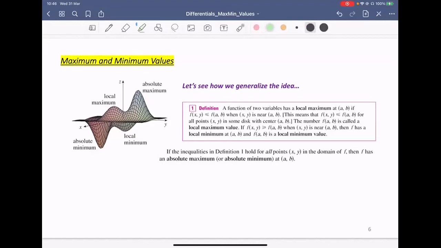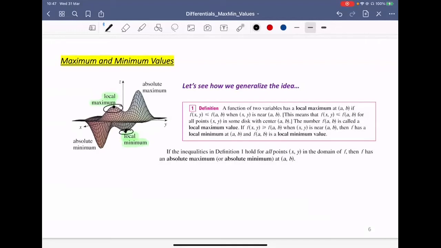When I say local maximum, it is a maximum compared to its neighborhood, the points near it. Next, I have local minimum. This is the point that is actually a minimum compared to the points nearby.